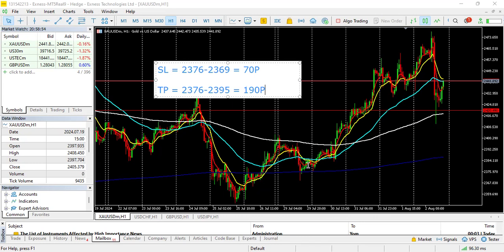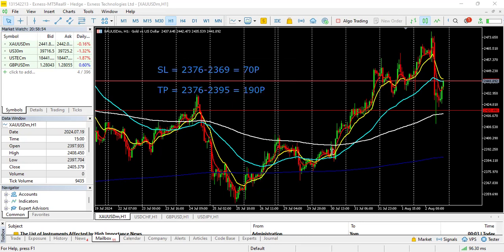You took this trade in the late hours, around 5 p.m. Nigerian time, and then what? You see it hit your TP here. That was around 1 p.m. the next day, right? So within 2 days, the first one we made was 170 pips, then 190 pips, that's 360 pips, right? Okay.